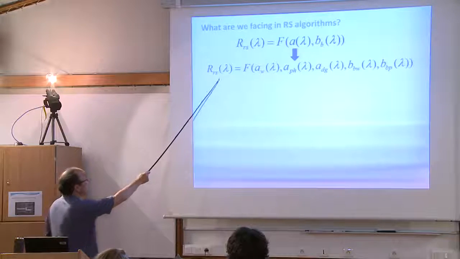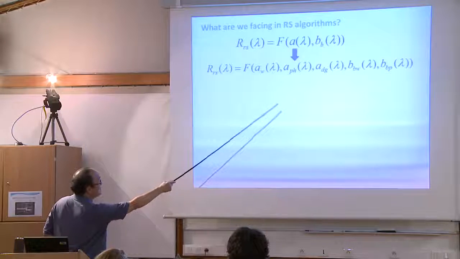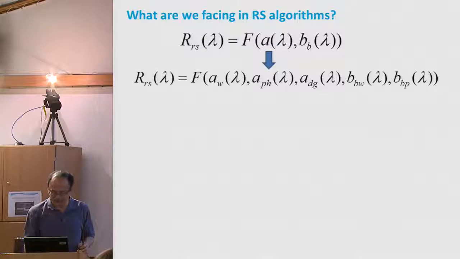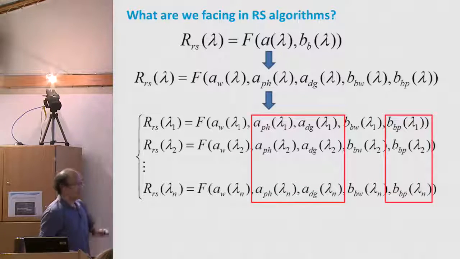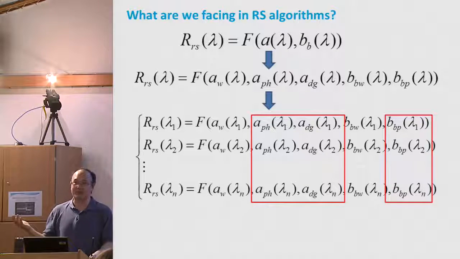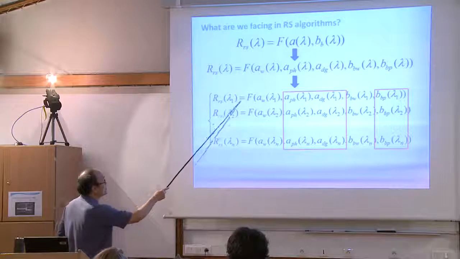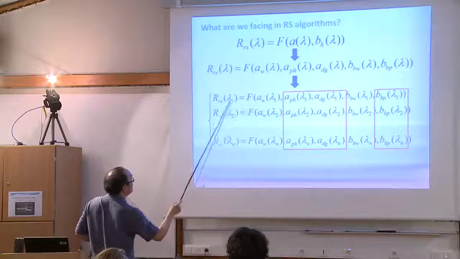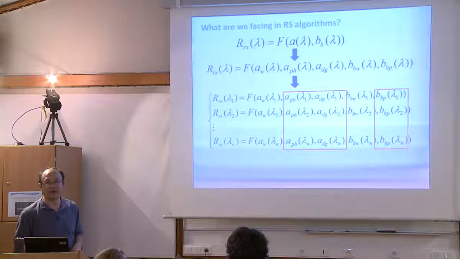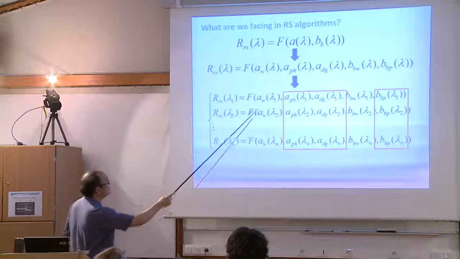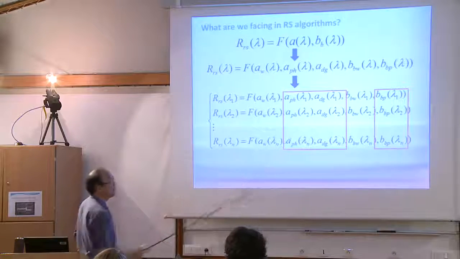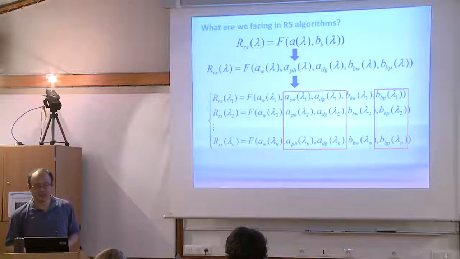So for each wavelength, we have a water, aph, adg for detritus and gelbstoff, the combination of the two. Then for satellites, say like SeaWiFS, we have 5 bands in the visible. That means for each wavelength, we'll have an equation like this, 410, 440, all the way to, say, 670 or 555. So for each wavelength, you have a water lambda 1, aph number 1, adg number 1, and the BBP number 1, and so on. What does this mean?